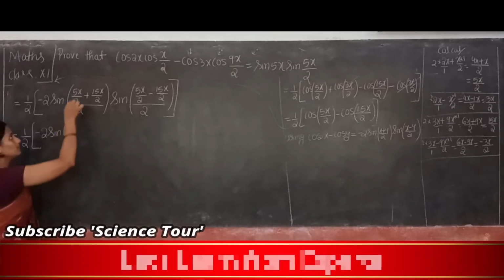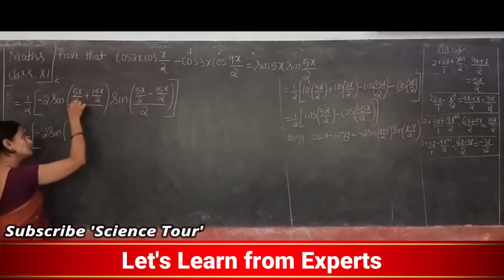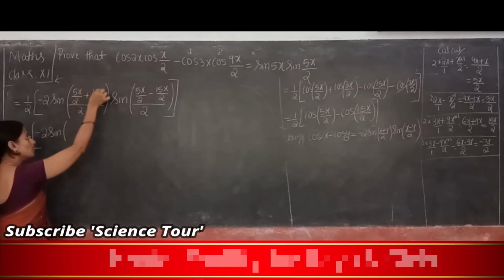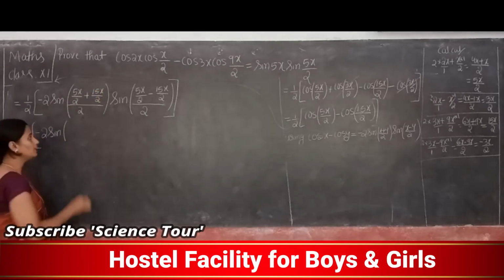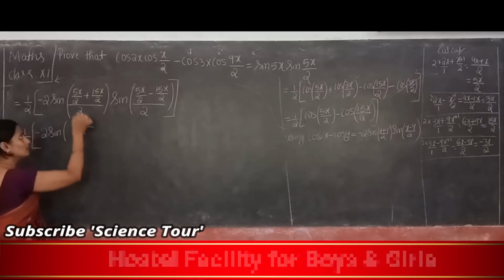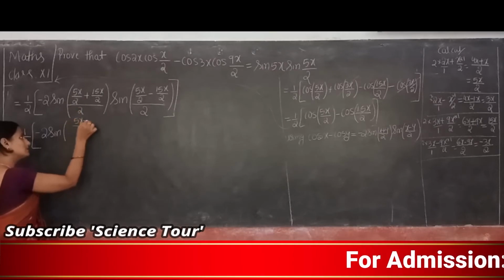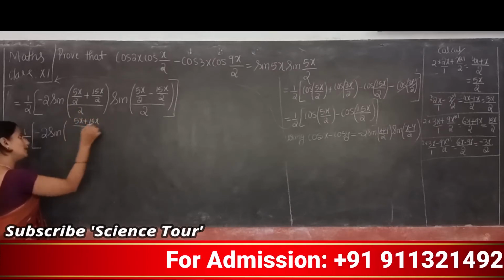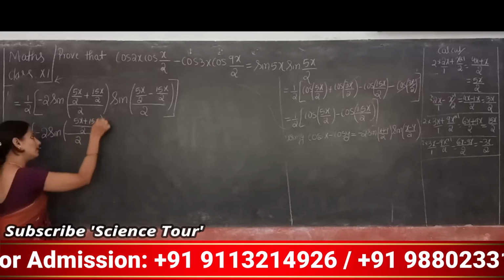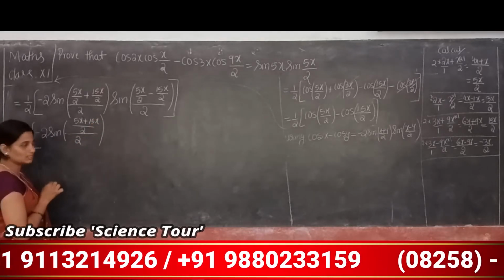So this is equal to half, minus 2 sin, the numerator is what? 5x divided by 2 plus 15x divided by 2. So 2 is the LCM. So it is 5x plus 15x whole divided by 2. No confusion, I guess. Correct, no?